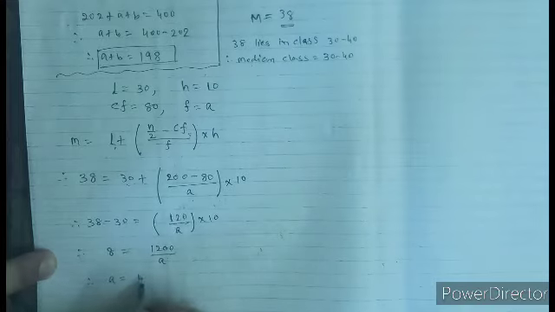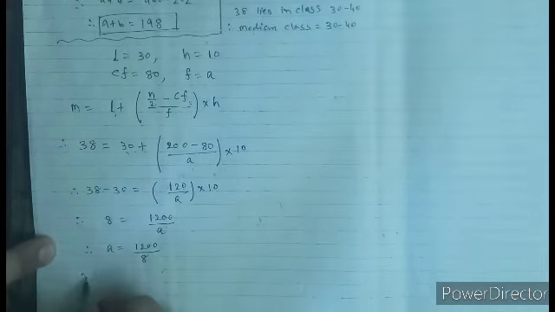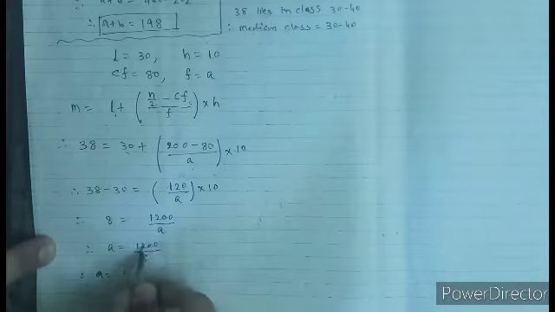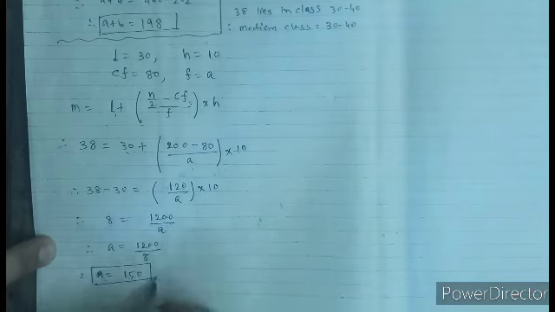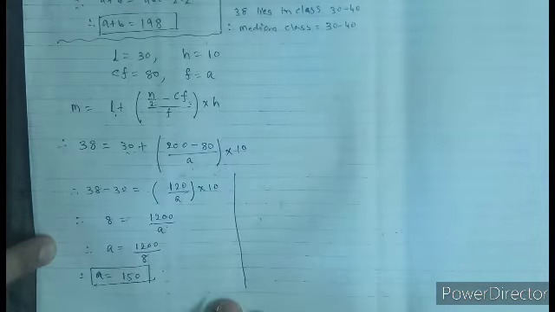Therefore A equals 1200 divided by 8. If we divide 1200 by 8, we will get 15 8s are 120. Therefore we will get A equals 150. This is the value of one missing frequency A, it is 150.